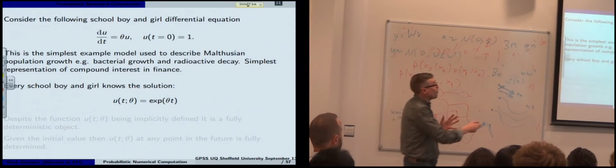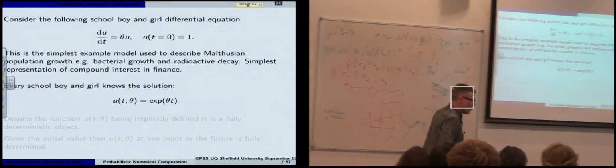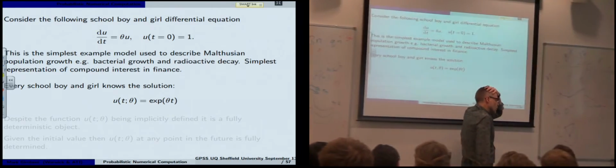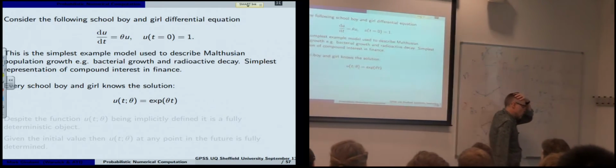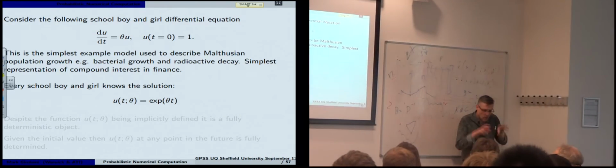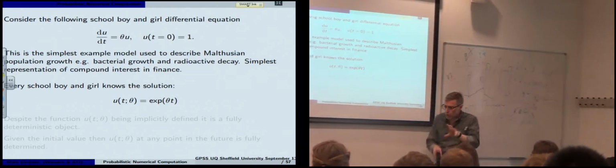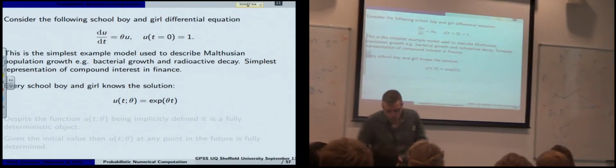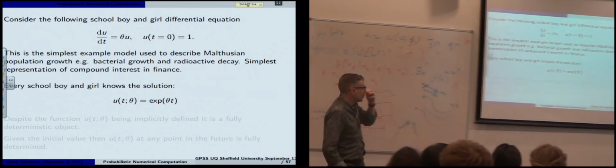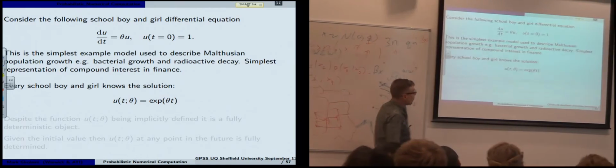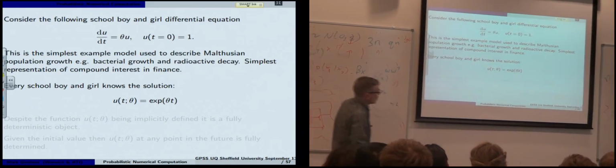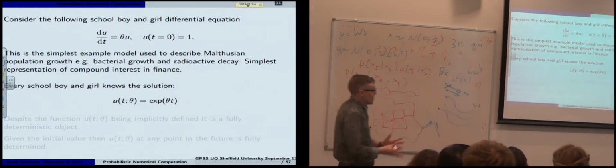Now, of course, I could have put up something much more complex, and you would probably have to really rack your brains to try and remember all the tricks and the separation of variables and so forth, and what mathematical methods you could use to figure out what the solution was, and in some cases you couldn't.